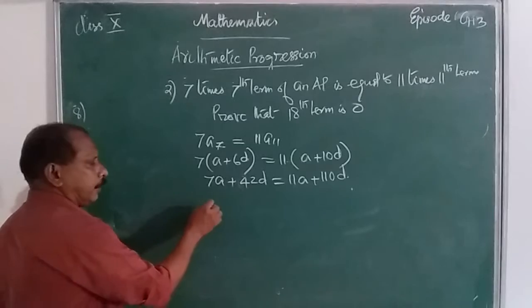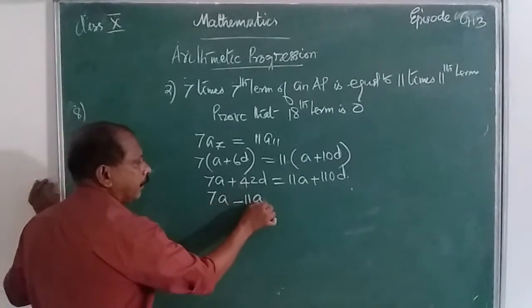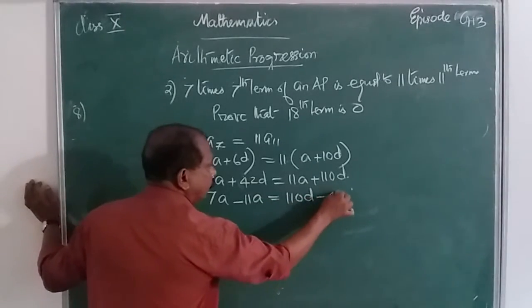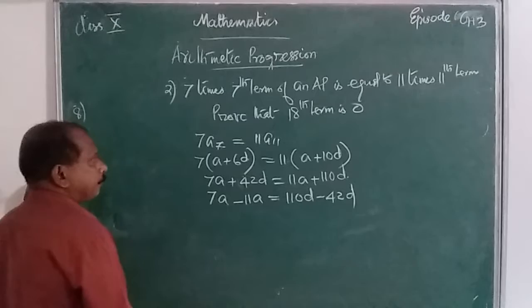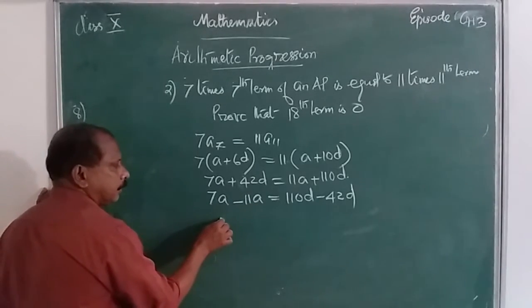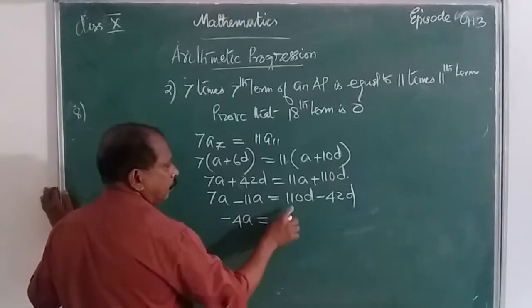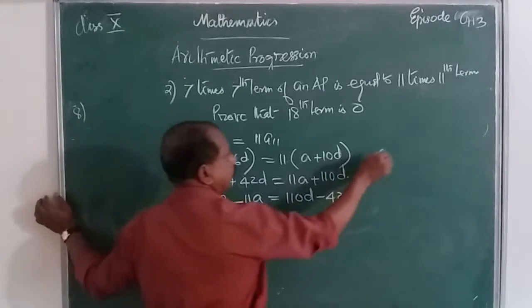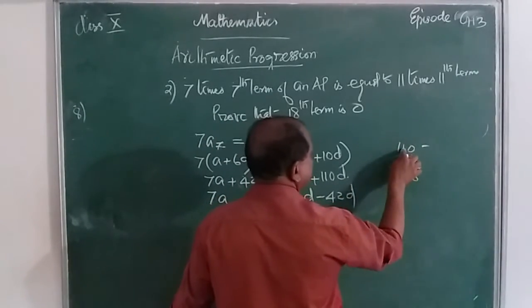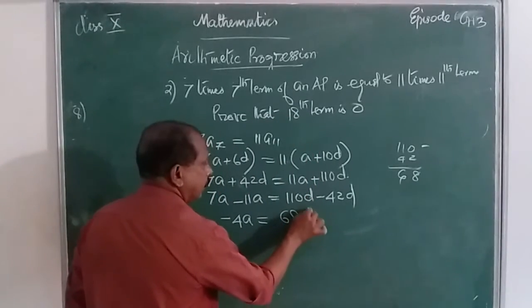Shifting a to the left, that is 7a minus 11a is equal to 110d minus 42d. 7a minus 11a, that is minus 4a is equal to 68d.